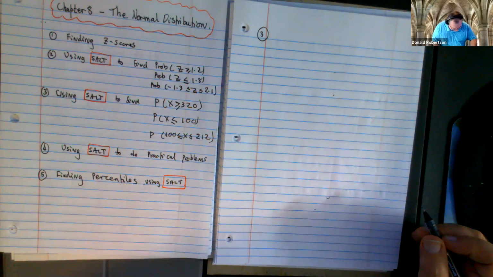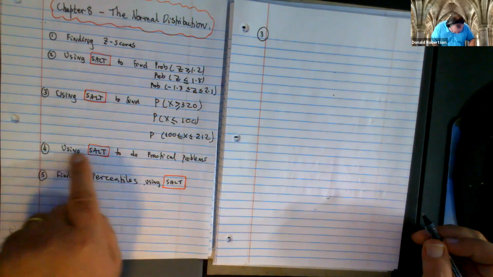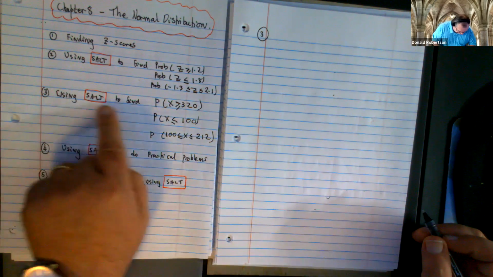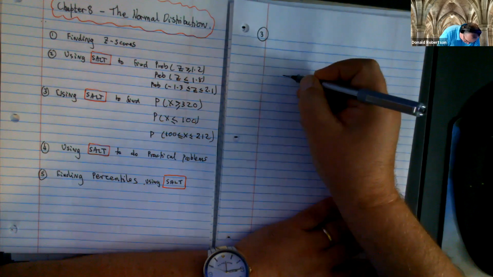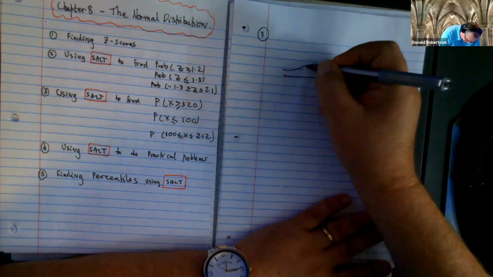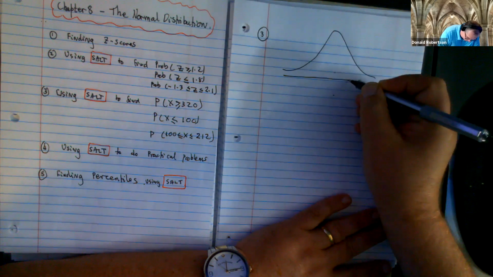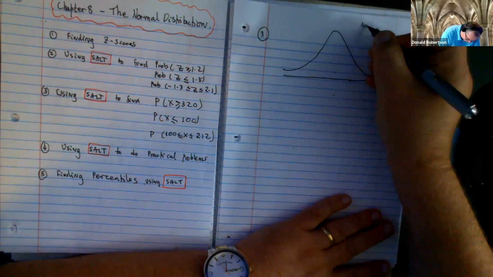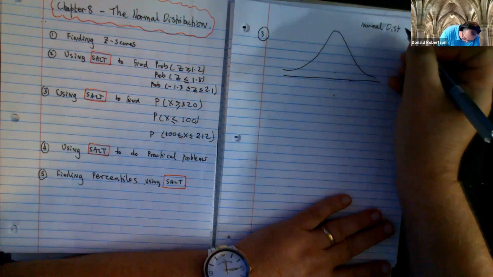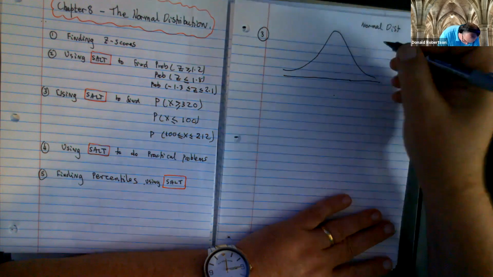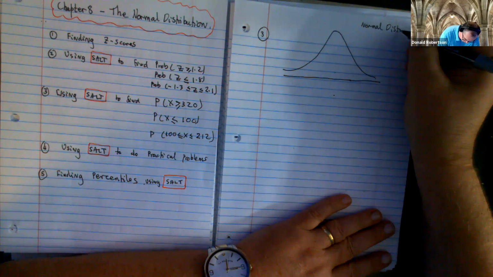And 3 and 4 are actually together, but I've separated them as just using numbers and now we have stories. So let's do the just using numbers ones first. We're now going to do the normal distribution again. If you don't put the word standard in front of it, it just means it's any normal distribution.